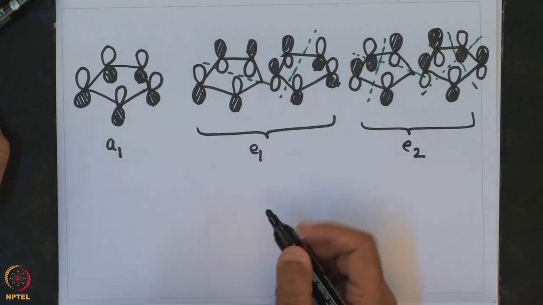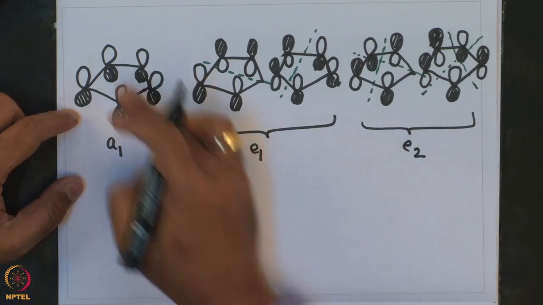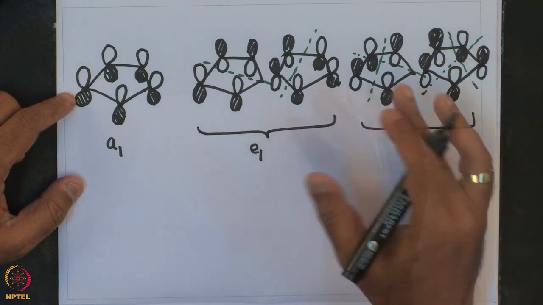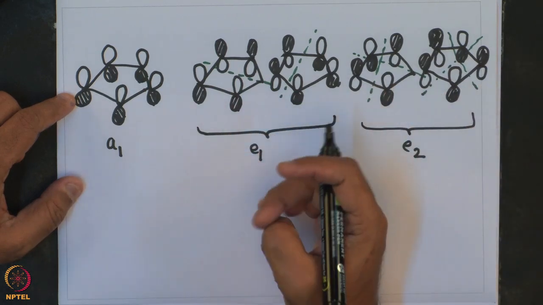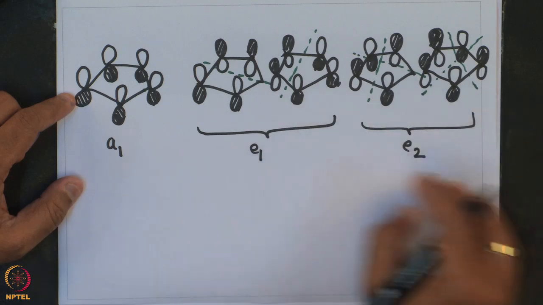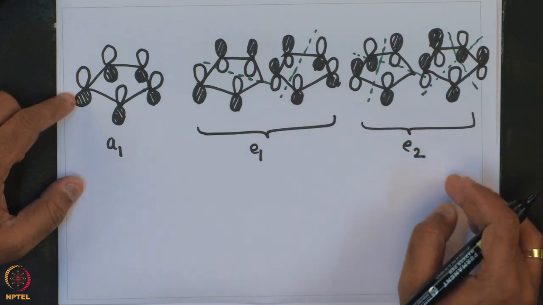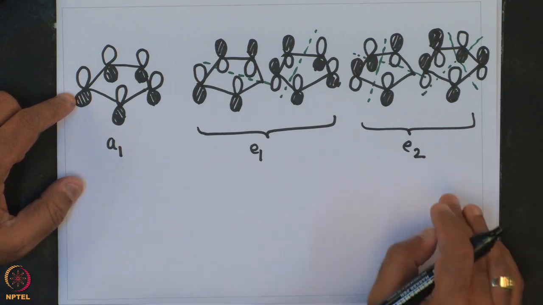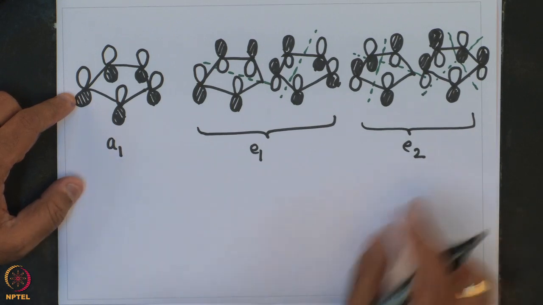So, what we see is that the 5 p orbitals mutually combine in different ways to generate 5 fragment molecular orbitals, of which one is non-degenerate and 2 pairs are degenerate orbitals, E1 and E2.